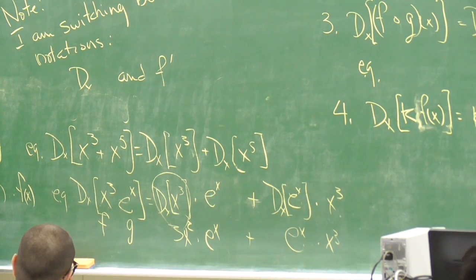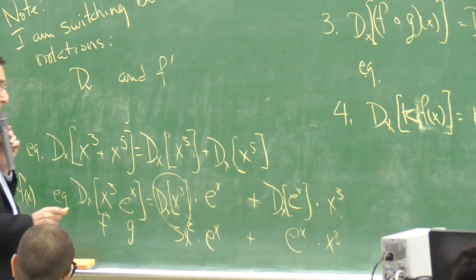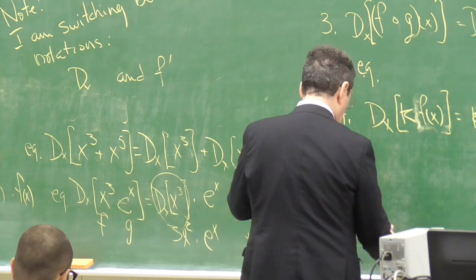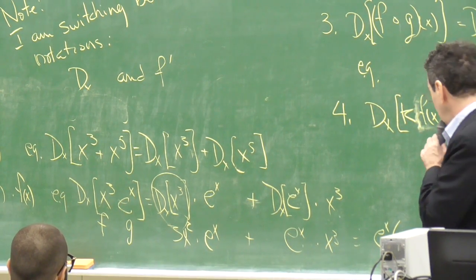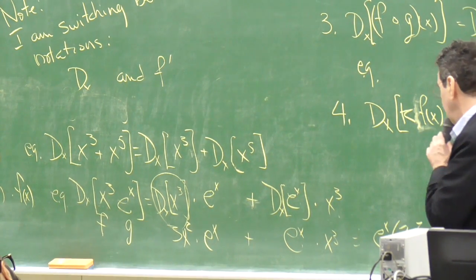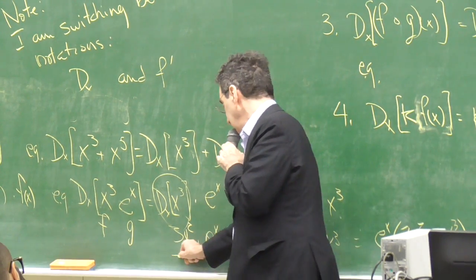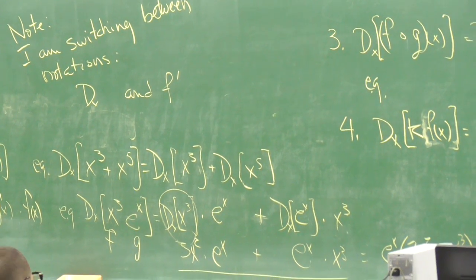We could factor out the e to the x, so this can be written as e to the x times 3x squared plus x cubed. But this is still correct. Any questions about that?